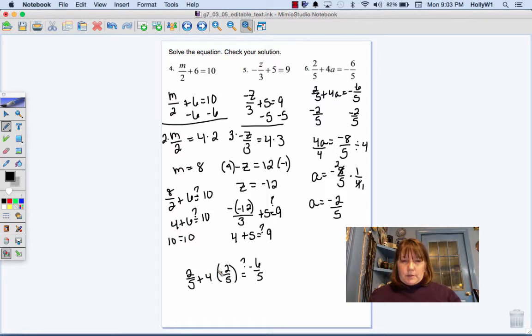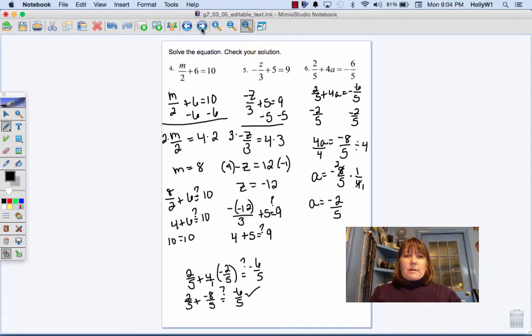So let's do this. 4 over 1 times negative 2/5. So 2/5 plus a negative 8/5, is that equal to negative 6/5? And 2 plus a negative 8 is negative 6. So yes, that is correct and it works.